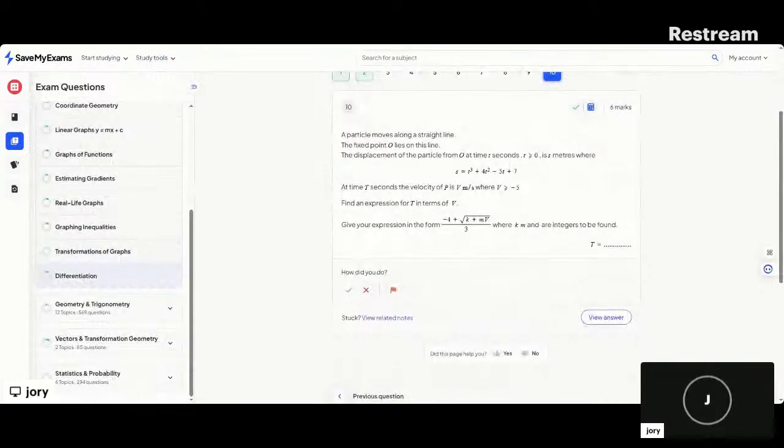The displacement of the particle from O at a time t, t greater than 0, is s meters, where the meters are equal to time. And the velocity of P is v meters per second, where v is greater than or equal to -5. Find an expression for t in terms of v. Give your expression in the form this, where k and m are integers to be found.